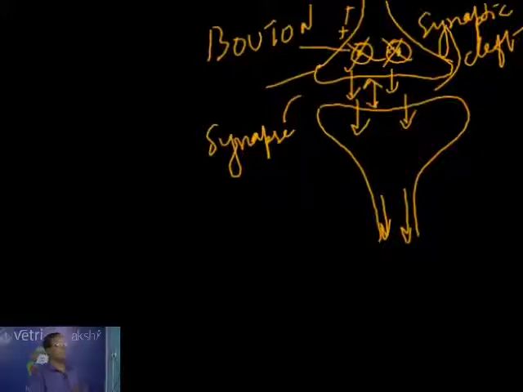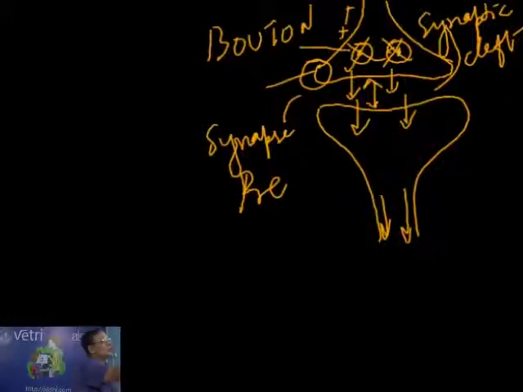So this is what is happening. The impulses are generated, pass all along the axon, reach the end of the axon, and release neurotransmitters. The neurotransmitters carry the impulses as chemical impulses across the membrane, reaching the dendron. This membrane is called the presynaptic membrane, as it is found just before the synapse.